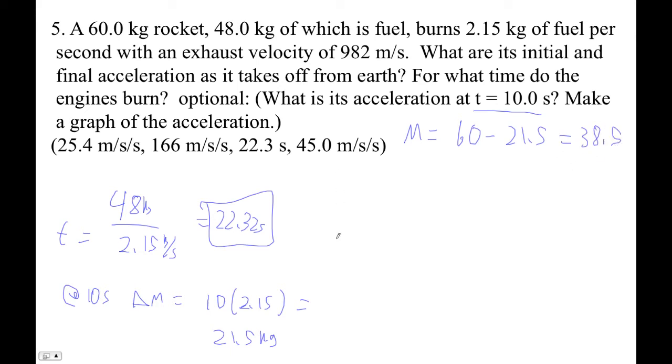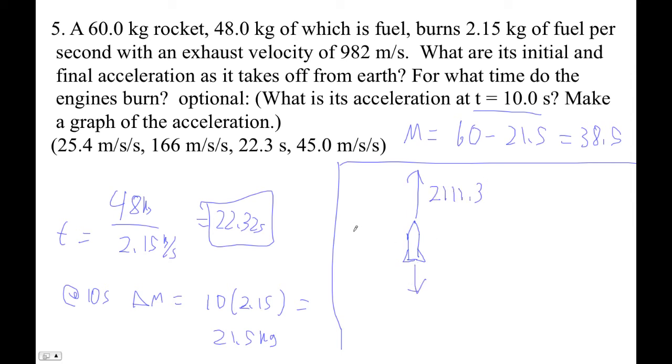And then now we're set. Now we can figure out for this rocket, just like before in the previous part of the problem, the thrust of the rocket is still 2111.3. Okay, but we only have 38.5 kilograms.